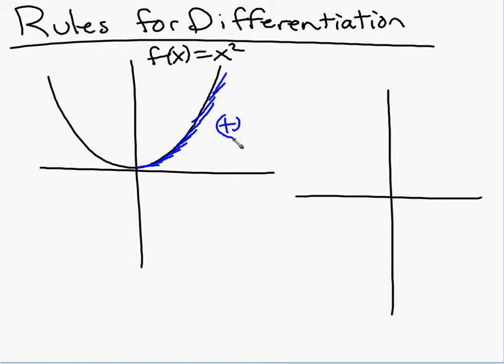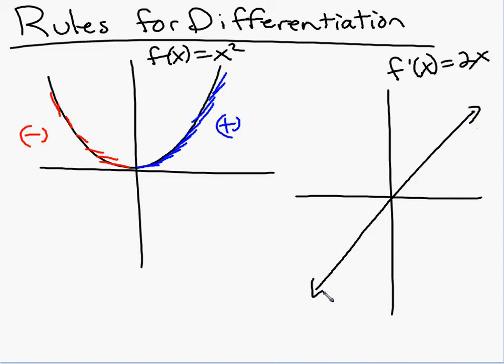All the slopes when x is negative are negative. And you did the definition of derivative, and you found that it corresponded to a slope function of 2x, which is nothing more than a linear.